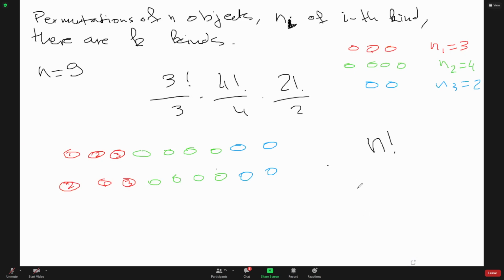Now, there is also another one here. I permuted the red ones and I get the same thing, right? I can also permute the green ones and still get the same one. I can also permute the blue ones and get the same one.